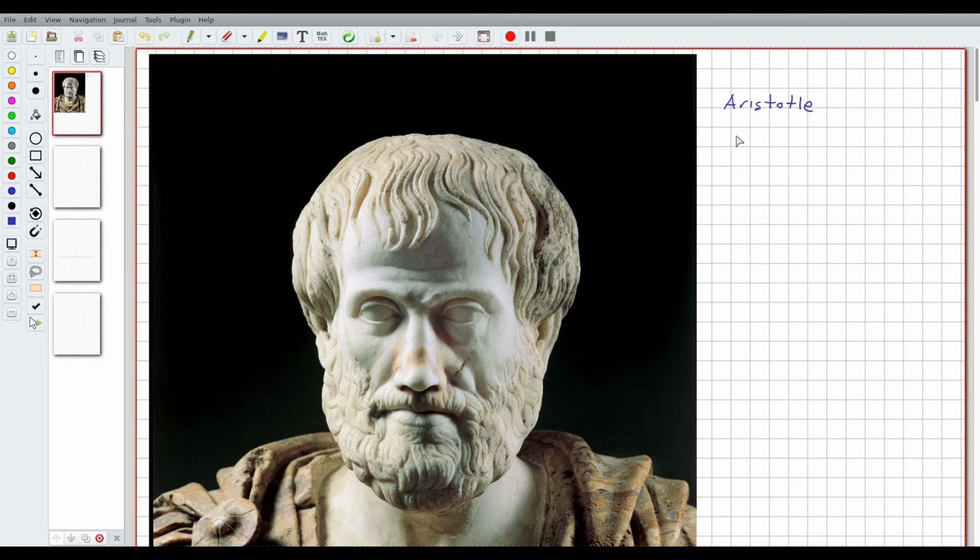He is an ancient Greek philosopher. Incidentally, Greece is where the study of philosophy began. And from a chronological standpoint, he was alive roughly around 380 BCE.